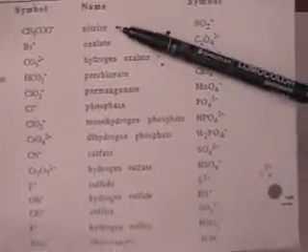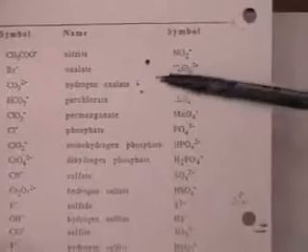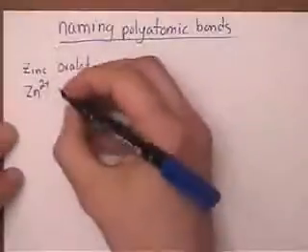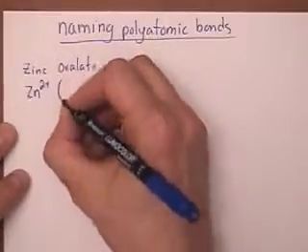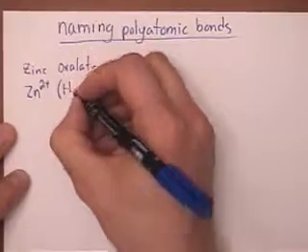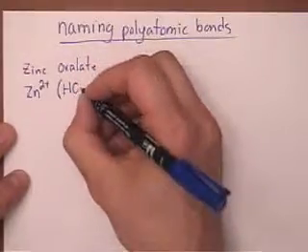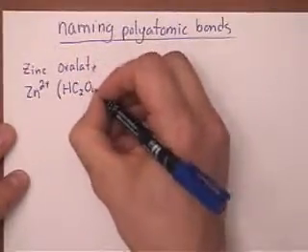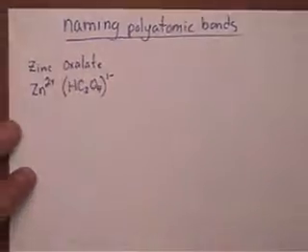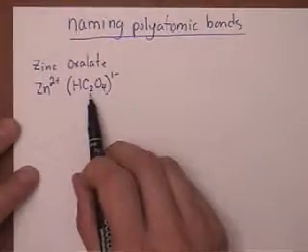So you go down to the negative side, and you want to find oxalate. This is in alphabetical order. So L, M, N, O, there's oxalate right there, and I want you to put a bracket around these things: HC2O4 1-. That's a big one, but that's definitely a polyatomic ion.